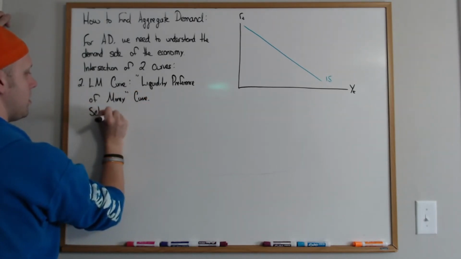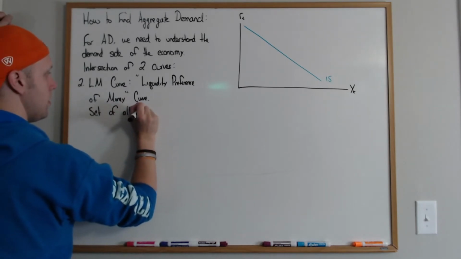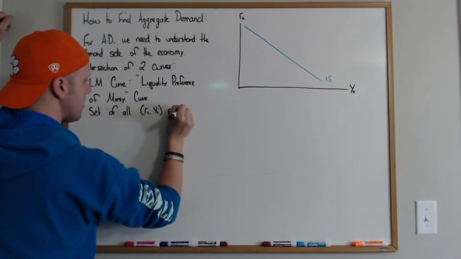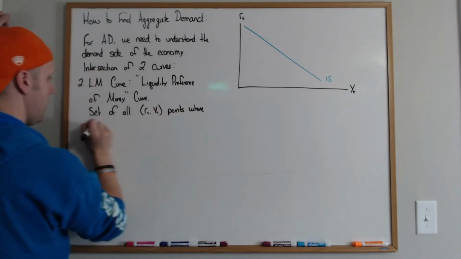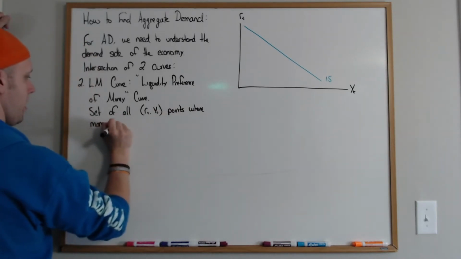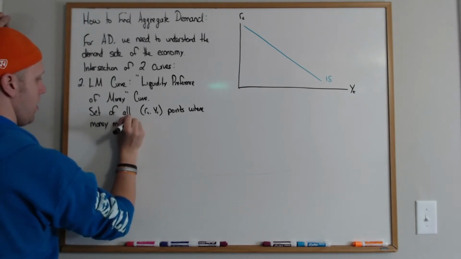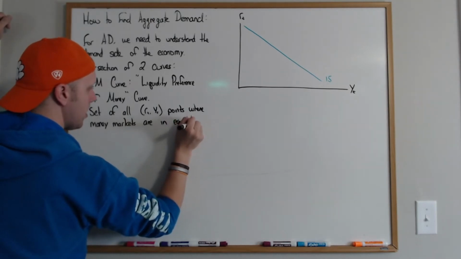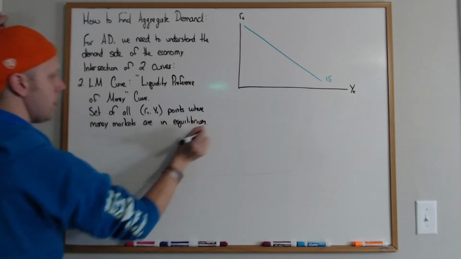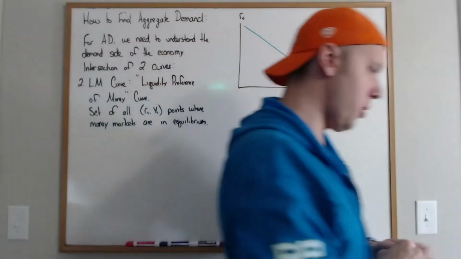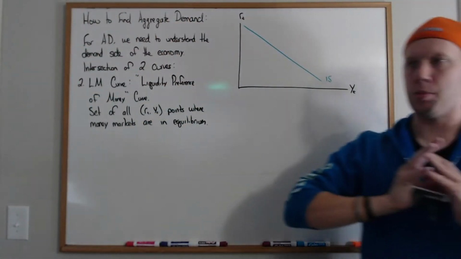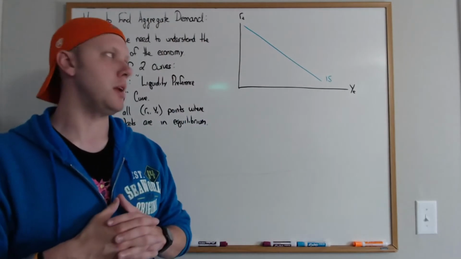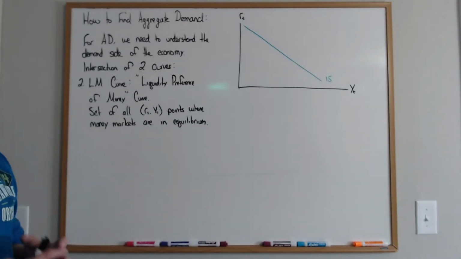And this curve, instead of being the set of all interest rate output combinations where goods markets are in equilibrium, where goods markets are clearing, instead what this is giving us is a set of all interest rate output combinations where money markets are clearing.